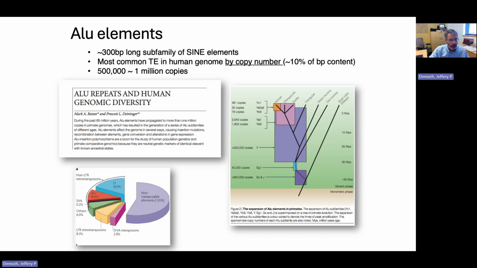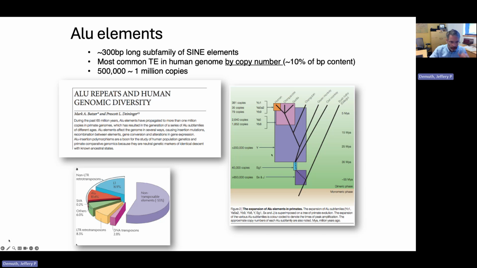It has all the machinery. It's encoding the reverse transcriptase and all those other genes that both kinds of elements need in order to mobilize in the genome. Between them, right, they're explaining 25 to 30% of our genome. Just crazy.